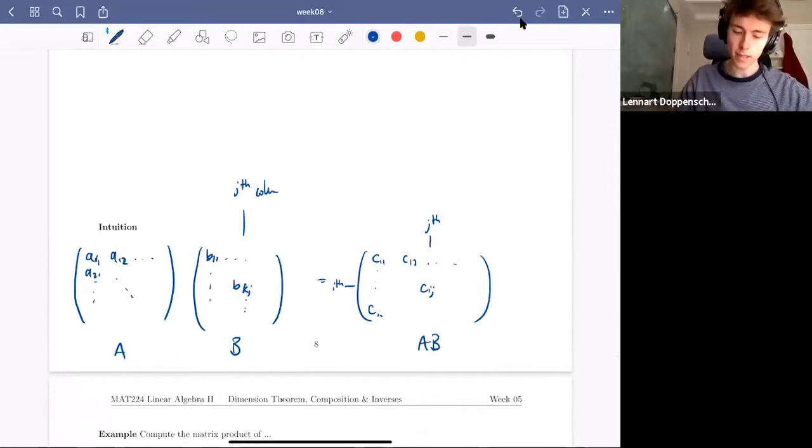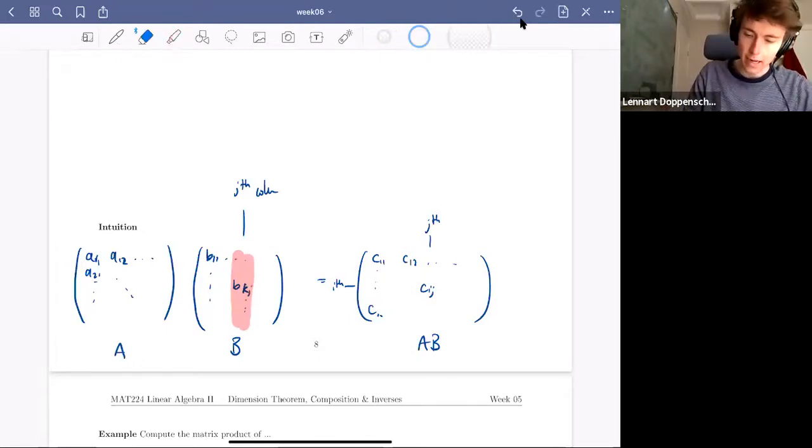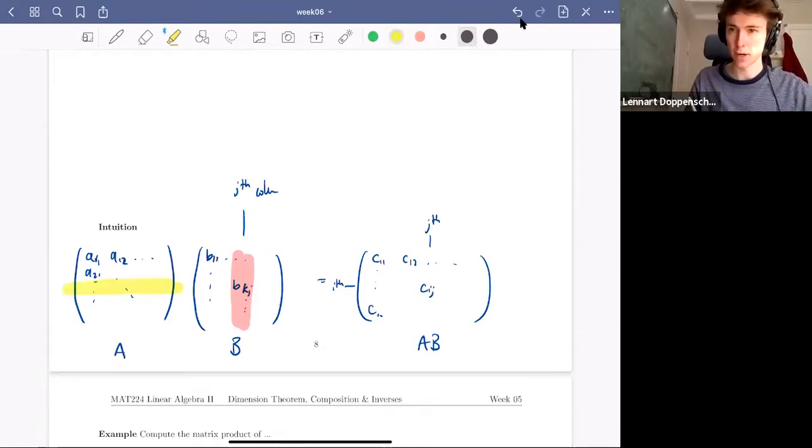What I'm claiming is that if you specify the indices i and j, and Cij is the element in the ith row and the jth column, then you have to look at all the elements in the jth column of the second matrix in the product, and the ith row in the first matrix in the product.